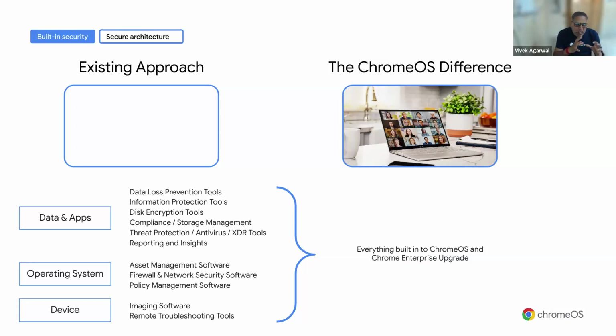All of this has become a single bucket with Chrome, where the ChromeOS difference actually lies in simplification of the security stack. You simply buy a Chromebook device and you upgrade the device with enterprise capabilities using the Chrome Enterprise upgrade license. And that simplifies your journey for Chromebook adoption in an enterprise environment.